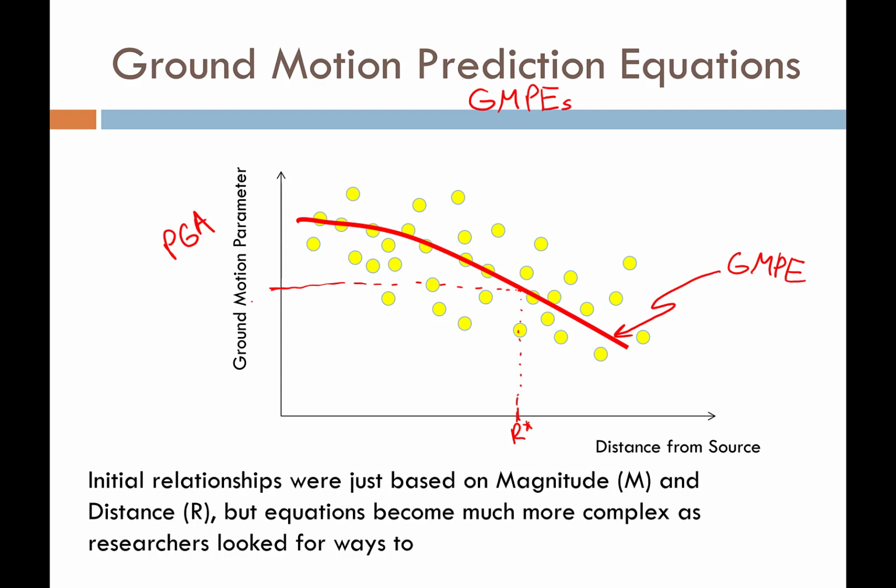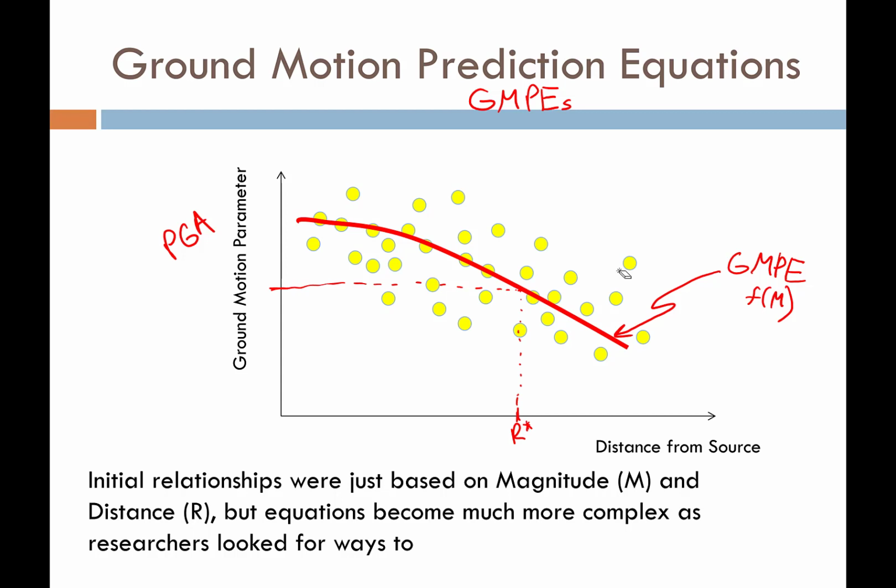By the way, this GMPE is a function of the earthquake magnitude. So if I had a different magnitude I was looking at, I'd probably have a different GMPE. Every GMPE shifts according to the earthquake magnitude. But we're just looking at one magnitude right now, and therefore we get one peak ground acceleration.